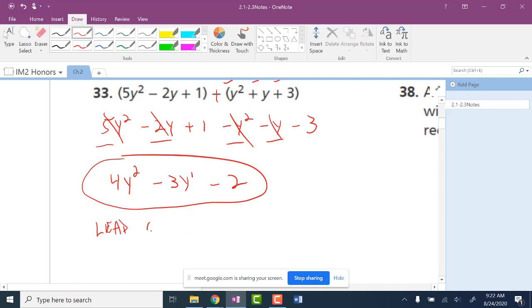The leading coefficient is the coefficient in front of the highest power. So that is 4. Not that 4 is the biggest number. 4 is in front of y squared, which is the highest power there. And the degree of this polynomial, that degree is 2. When you have a binomial or trinomial, it's just the highest power between those.